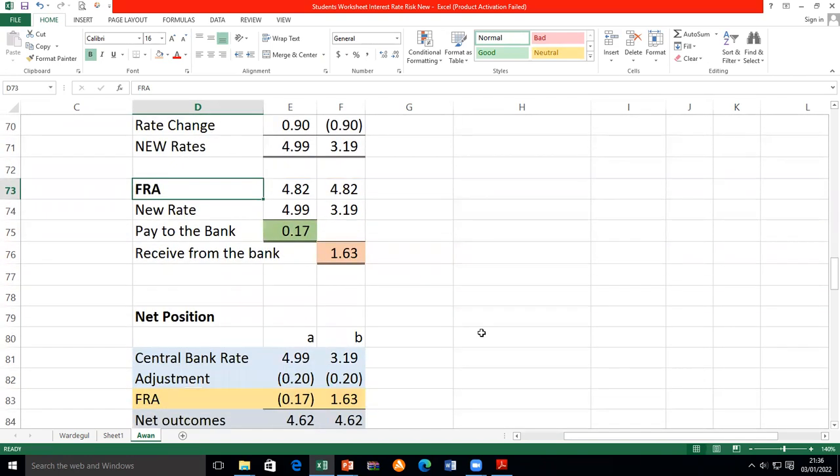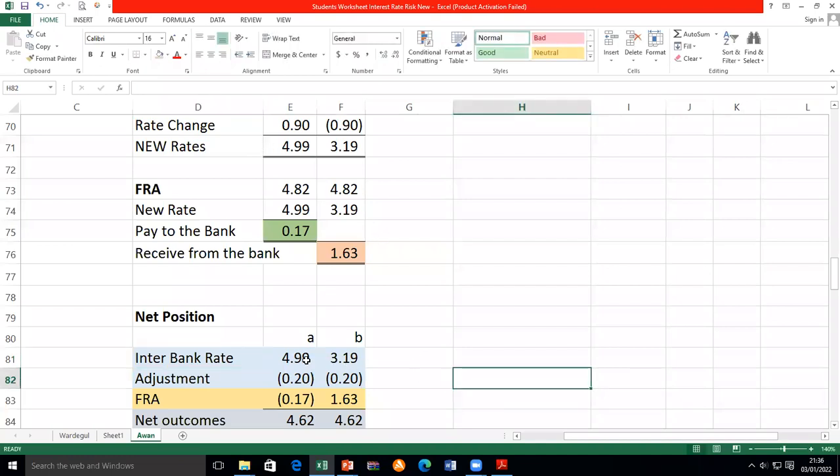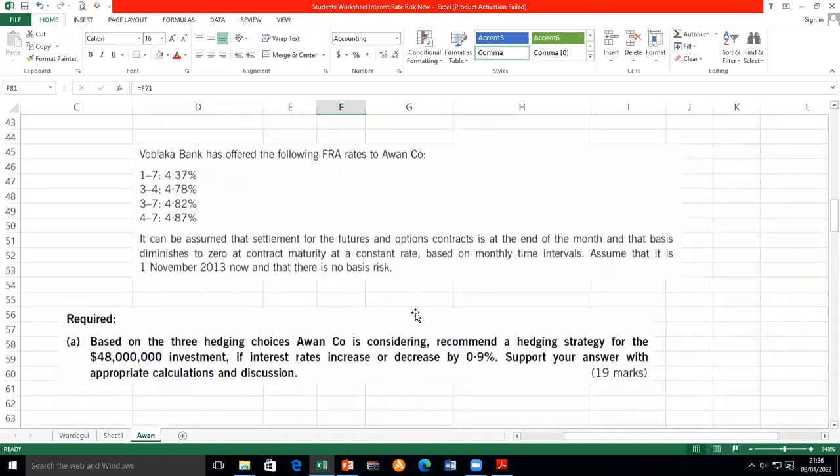Let us now go to the final position. The interbank rates in scenario A, 4.99, and scenario B, 3.19. Now, your terms for depositing are the interbank rate less 20 basis points. Where is this coming from? It's here.